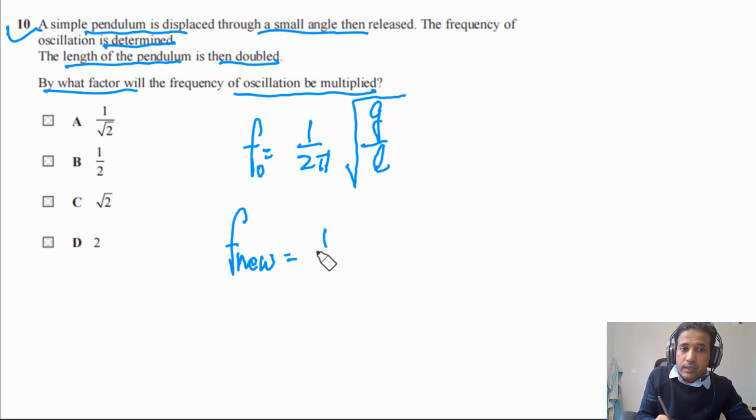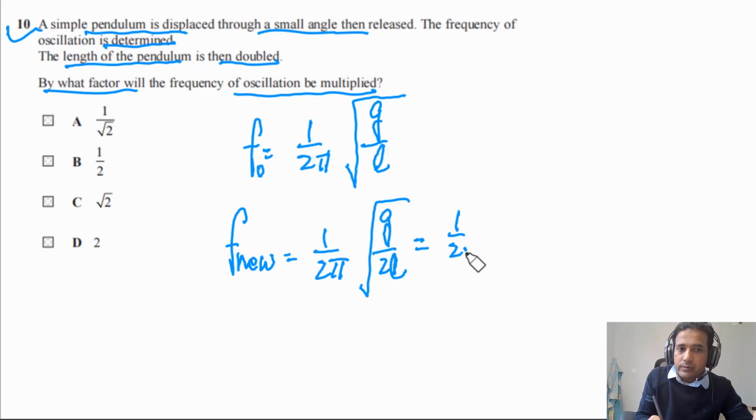So we can simply rewrite this formula. This is 1 over 2 pi square root of g divided by 2 times L. Now if we rearrange a little bit, we can write this as 1 over 2 pi square root of g divided by L, and we can take 1 over the square root of 2 outside.